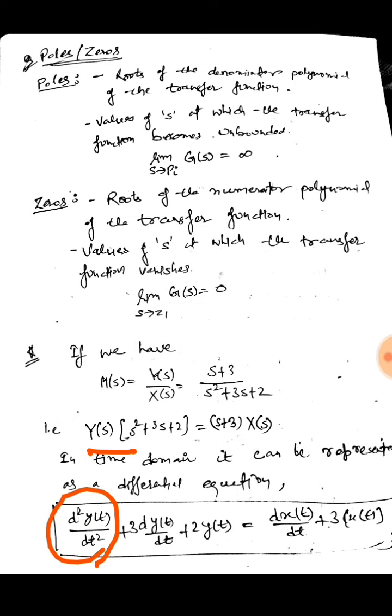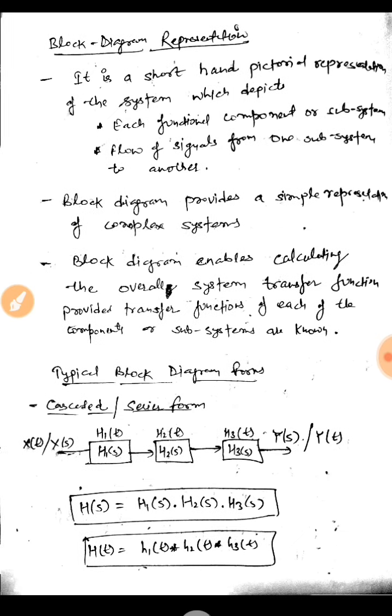Similarly 3s Y(s) would become 3 into dy(t) by dt, as multiplication by s results in a first order differential, and 2Y(s) becomes 2y(t). Similarly we can do it for the input. So this is how we can convert our equation into differential form.